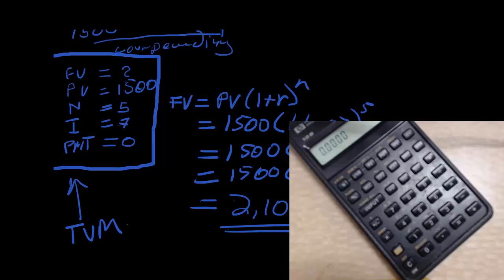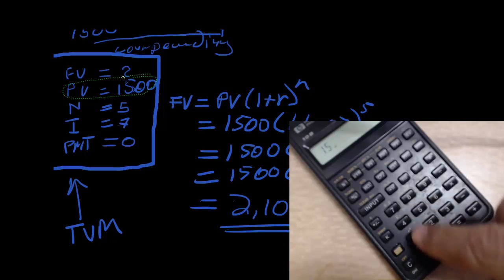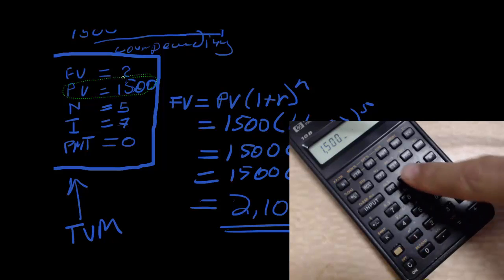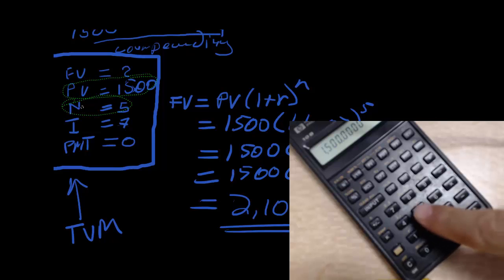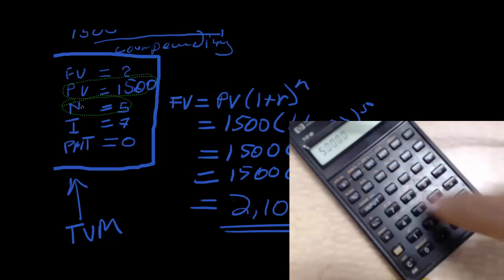So first I'm going to do my present value. Present value is going to be 1500, and all I'm going to do is put it into my present value button. The same thing applies for the next ones. So here's my n, that's 5, and I'm going to hit n.